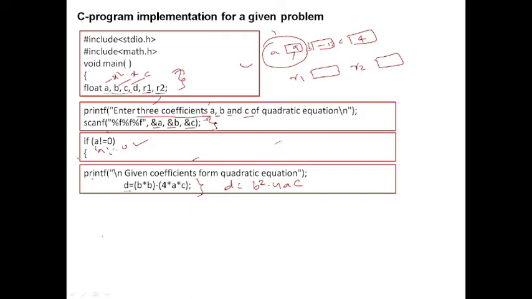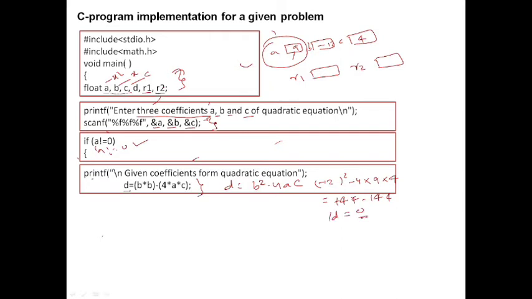So here what happens? What is the value of b? The value of b is minus 12 bracket square minus 4 into, what is the value of a? That is 9 into 4 here. So this is equal to 144 minus 144. Okay, so this is 0.